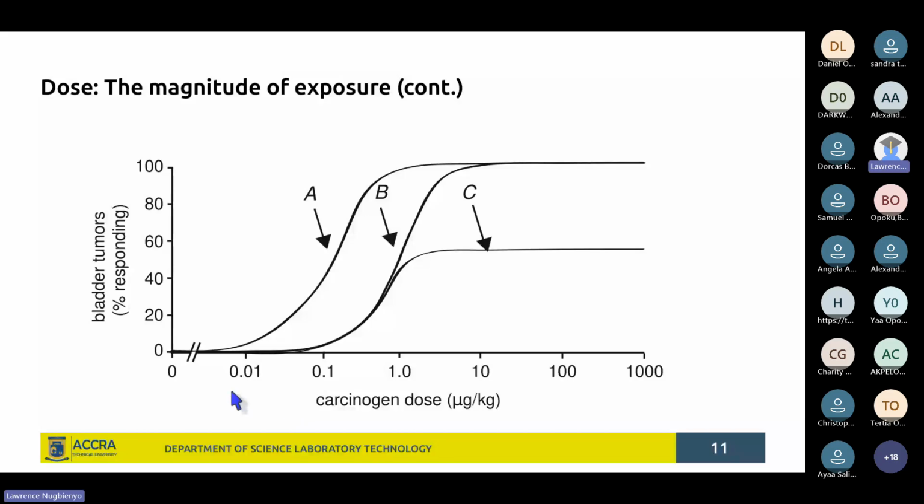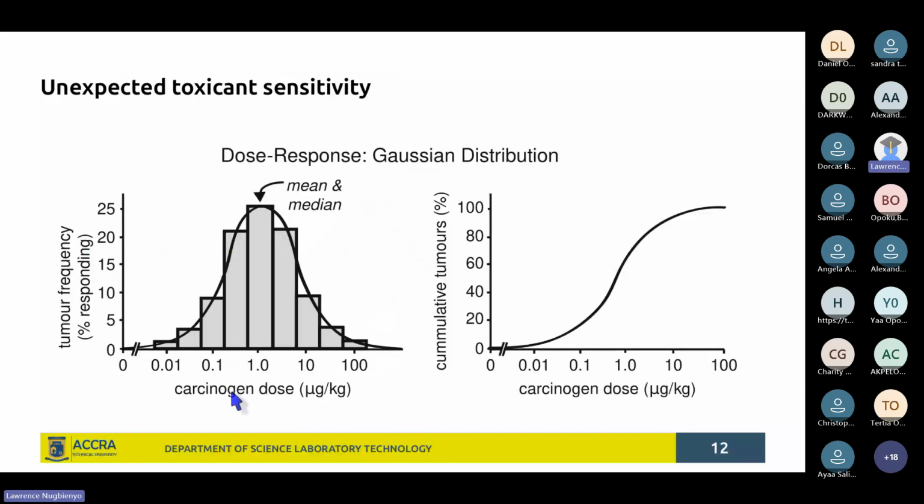Now we can move on and go to what we refer to as unexpected toxicant sensitivity. You see, when we study the effect of substances on a population, we make an assumption that there is a normal distribution. When we say a normal distribution, what we mean is that the population is homogeneous.